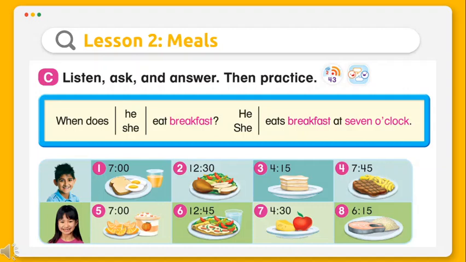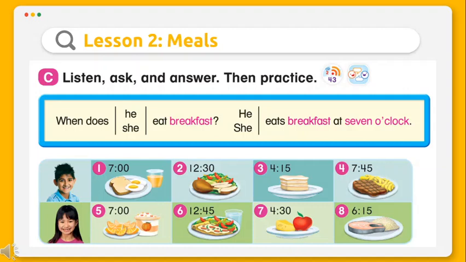He eats lunch at 12:30. 3, When does he eat a snack? He eats a snack at 4:15. 4, When does he eat dinner? He eats dinner at 7:45.